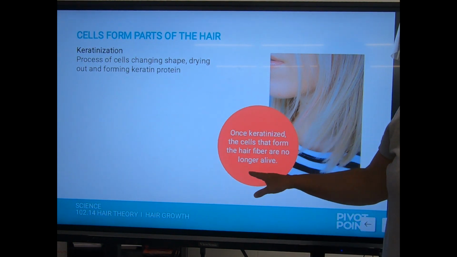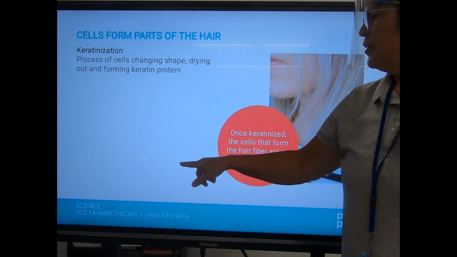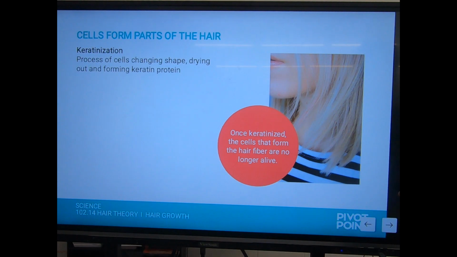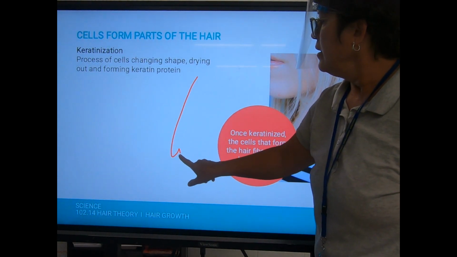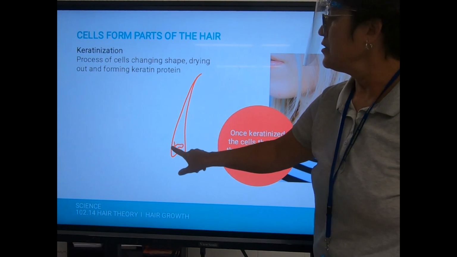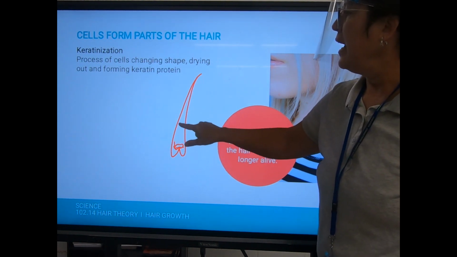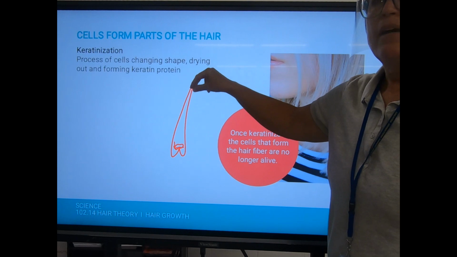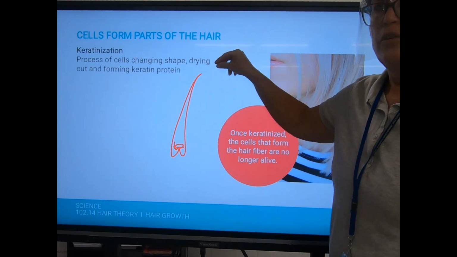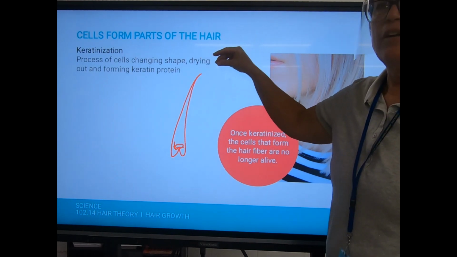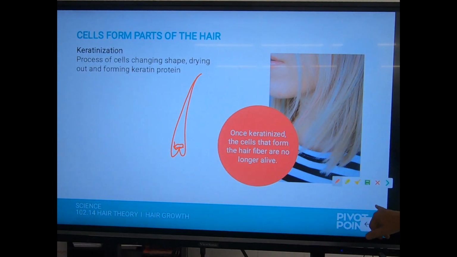Keratinization, we talked about that. The hair starts out, the keratin is brand new, it's alive. Down at the bulb, these cells are alive, they die, and as it grows, it dries out and it gets harder and harder and harder. Okay, it's all made of keratin, it's just different forms of keratin.